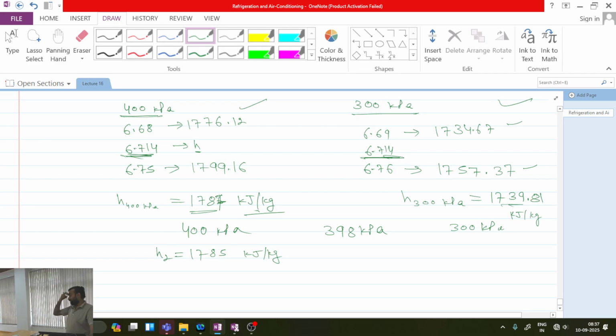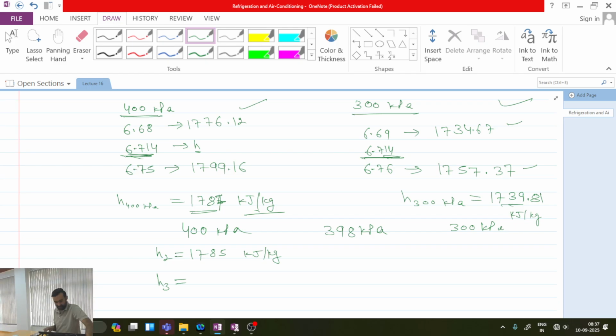Now you tell me how to calculate enthalpy of point 3. At point 3 we know two things. One is pressure, the intermediate pressure, and the second thing given in the question is that the water intercooler is doing intercooling up to 40 degrees Celsius.